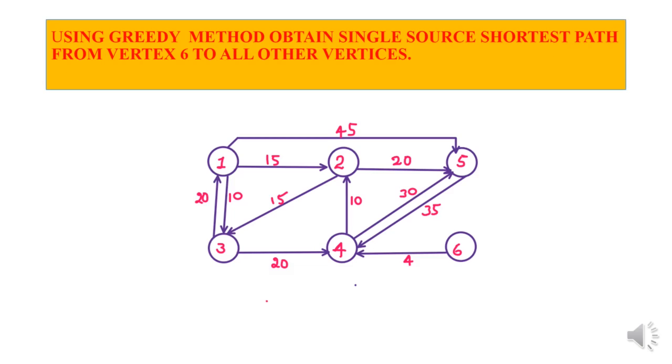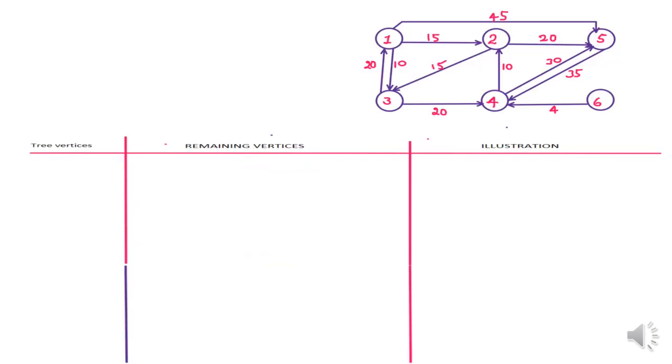Now there are 6 vertices. Okay, let us update the tree vertices. Initially you have to consider a source vertex; here I have considered 6. I've told assuming 6 as the source vertex.